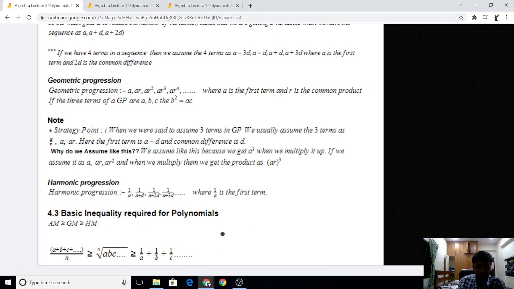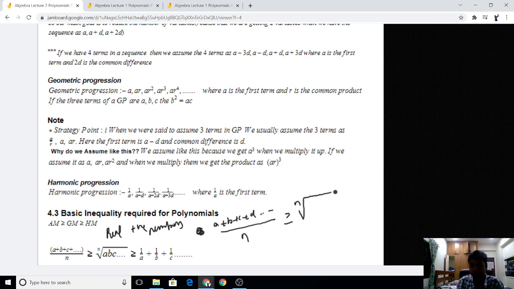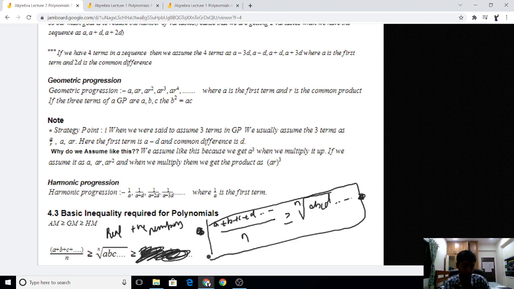You just need to remember this: for real and positive numbers a, b, c, d, and so on, if there are n numbers, then a plus b plus c plus d and so on, divided by n, is greater than or equal to the nth root of abcd and so on. If you know this one, it's more than enough, guys.